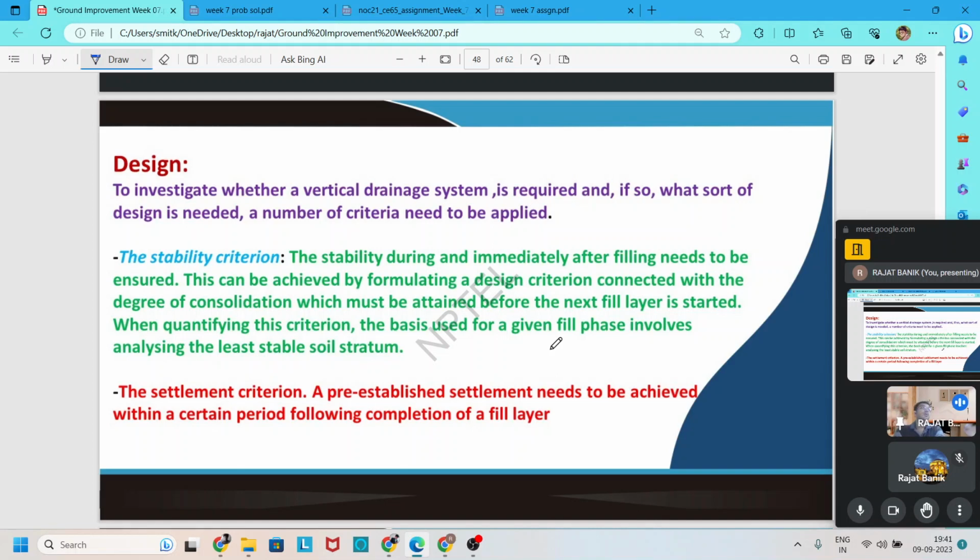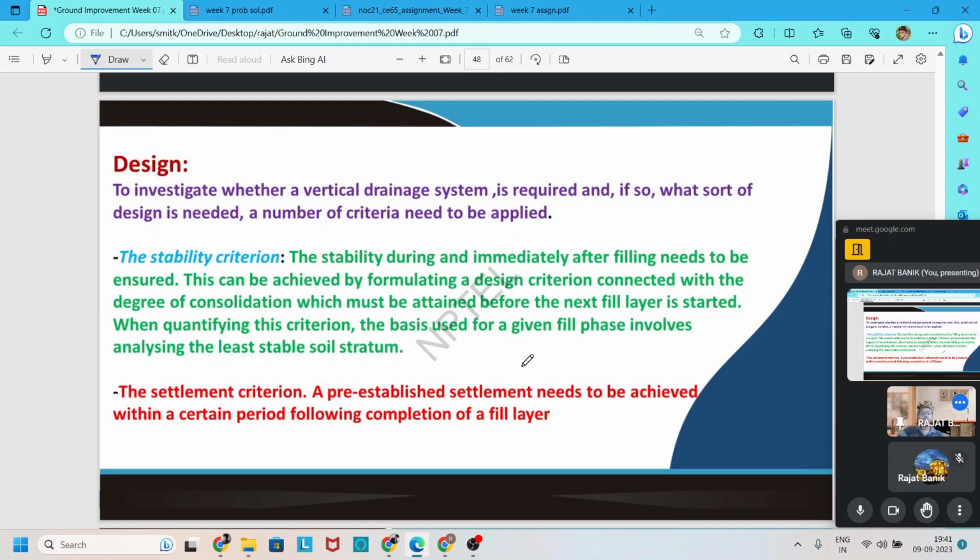That means after each installment or layer, we find out the degree of consolidation, and from it we find out whether this drain is stable or not, for each step.